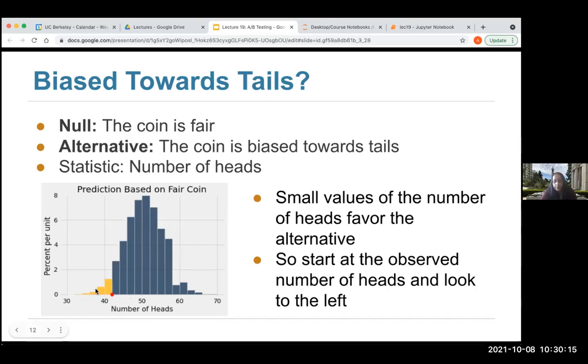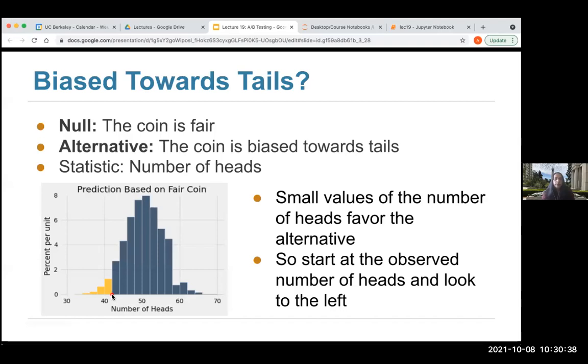And so the fact that you are looking left came from the alternative. The tail is determined by: you start at the observed value and you look in the direction that favors the alternative. In this case, small values favor the alternative, and so therefore you're going left.